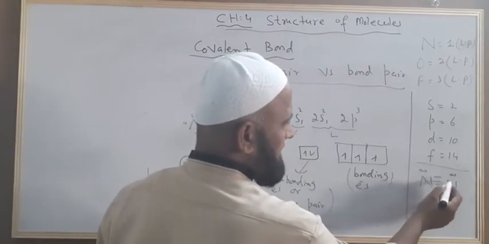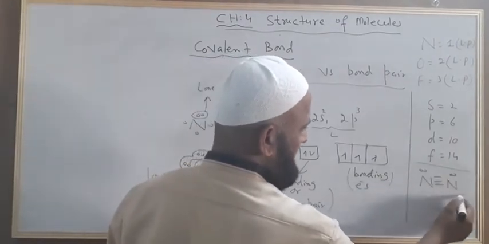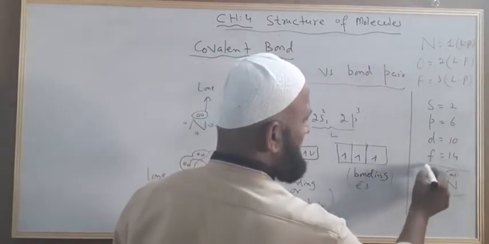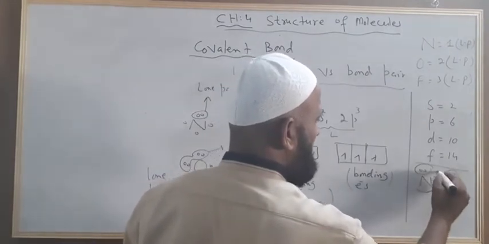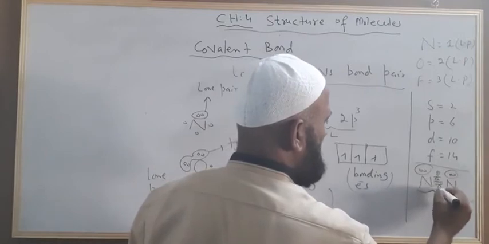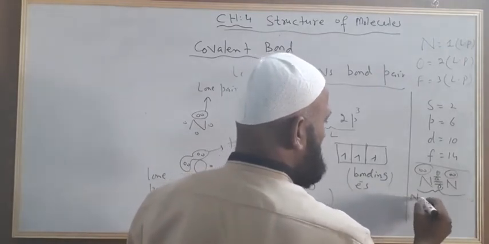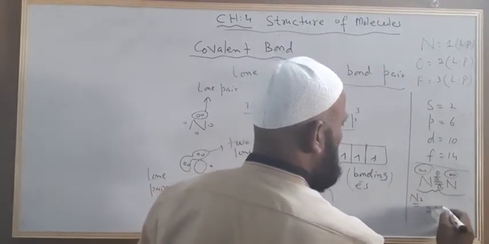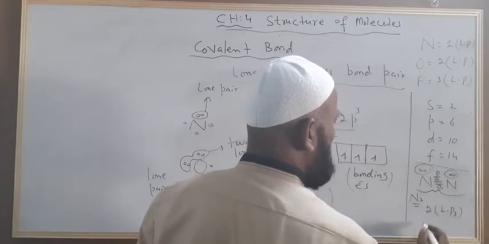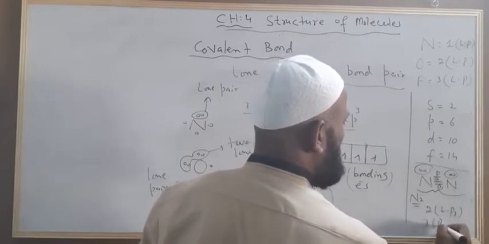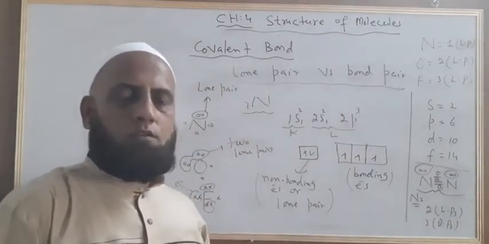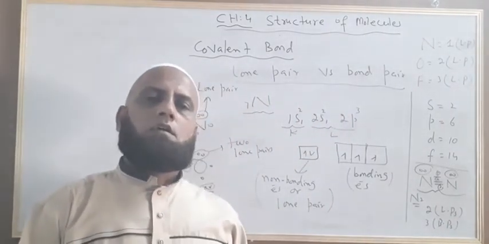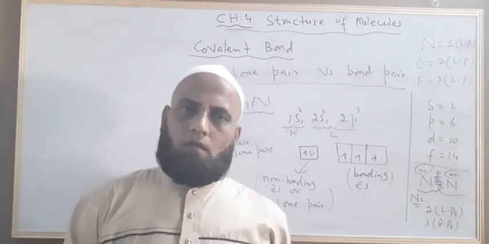In the nitrogen molecule we have 2 lone pairs, and we have 3 bond pairs: the 1st bond pair, 2nd bond pair and 3rd bond pair. So in N2 we have 2 lone pairs and 3 bond pairs, or 6 bonding electrons. So this was all about lone pair and bond pair.